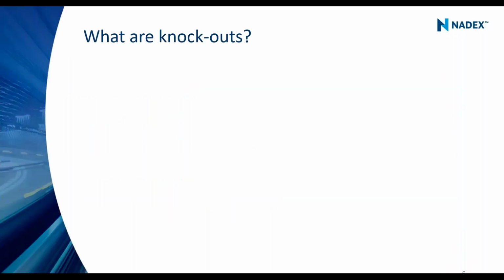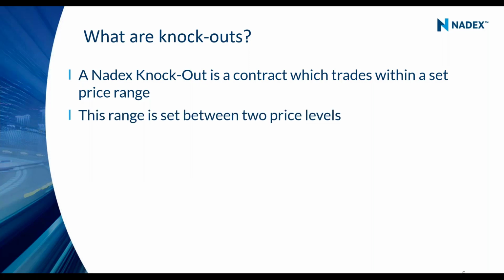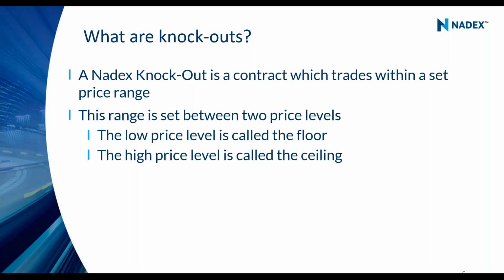Okay, what are knockouts? A knockout is a contract and it trades within a predetermined set range. Okay, and that range has two price levels. There's a floor, which is the lower price level, and there's a ceiling, which is the higher price level.